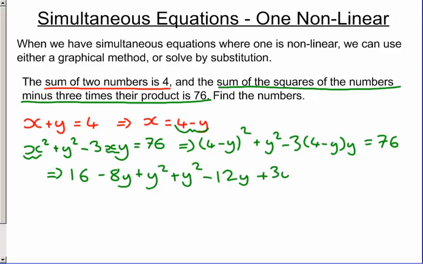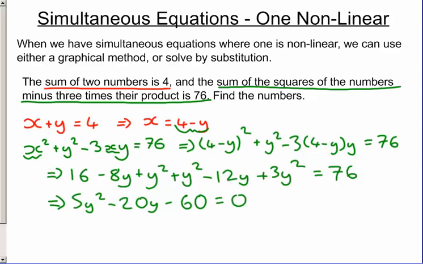You might need to do a couple of steps to get there. Make sure you know exactly where each term comes from. And simplifying, that gives us 5y squared minus 5y minus 60 equals 0. But once again, we can simplify that by dividing through by 5 to get y squared minus y minus 12 equals 0.